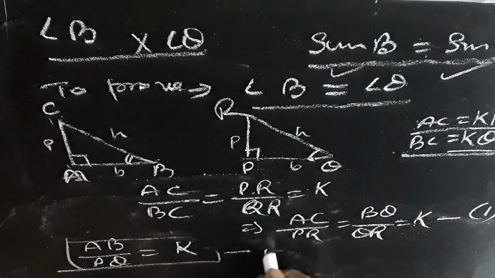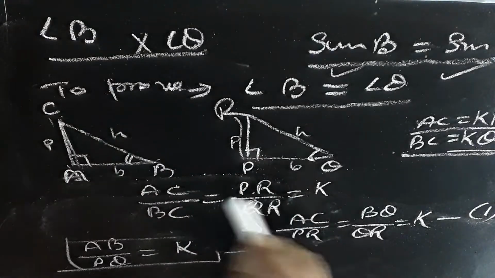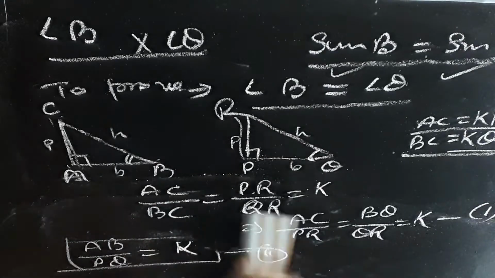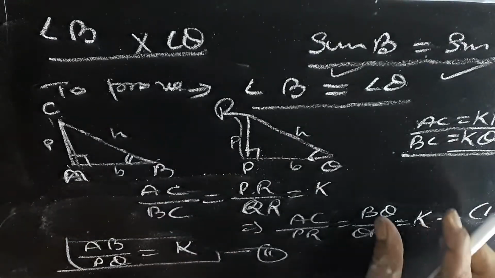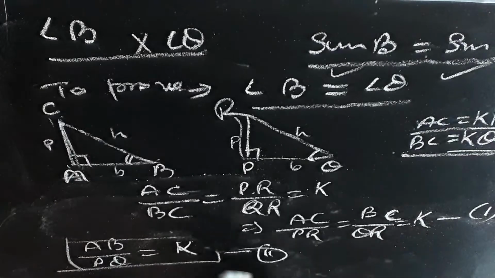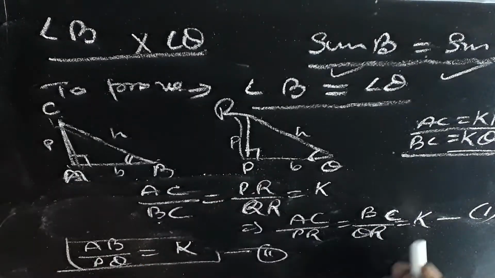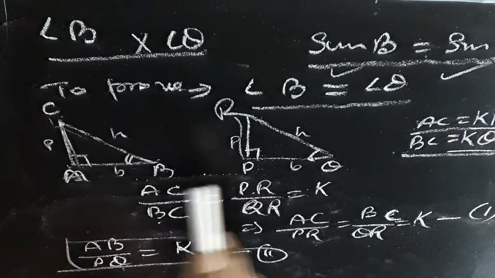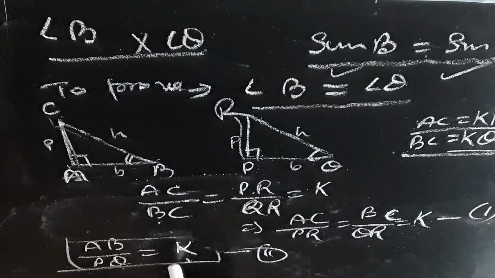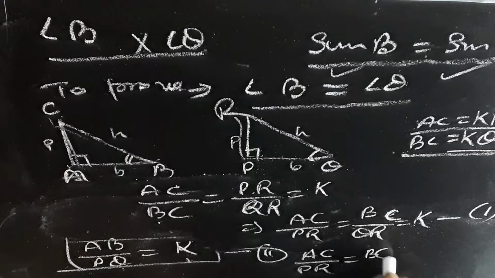This was 1 and this is 2. Here AC upon PR. Now BC upon QR is equal to K, and here we have got AB upon PQ is equal to K. Means from these two we get AC upon PR is equal to BC upon QR is equal to AB upon PQ.